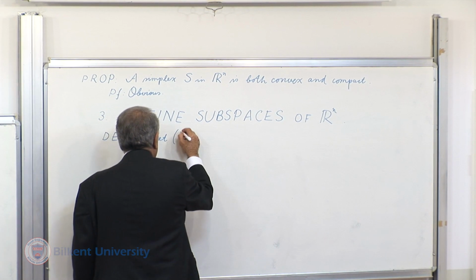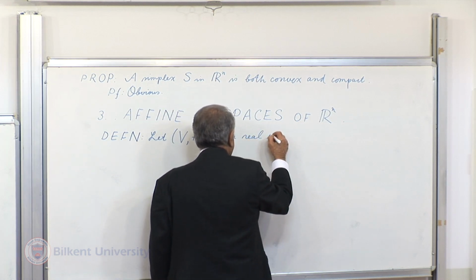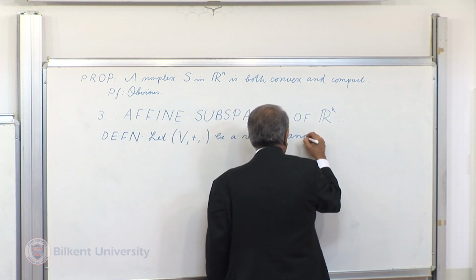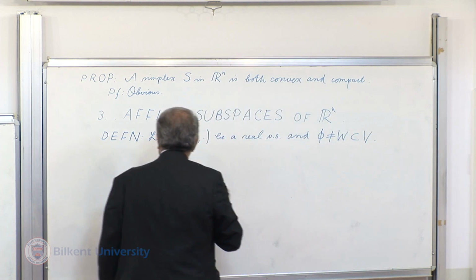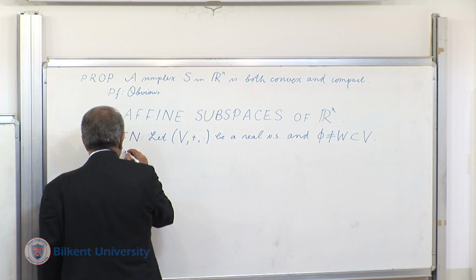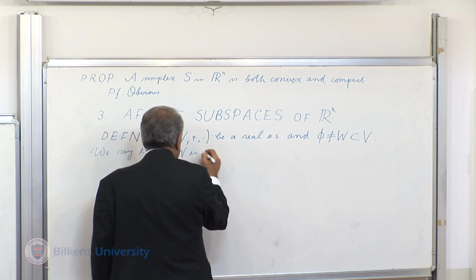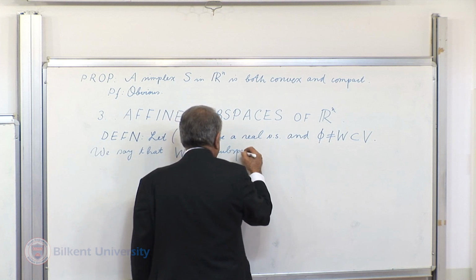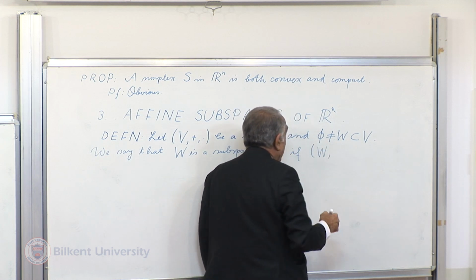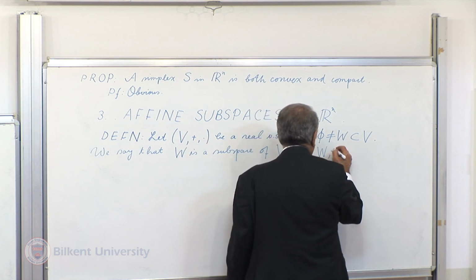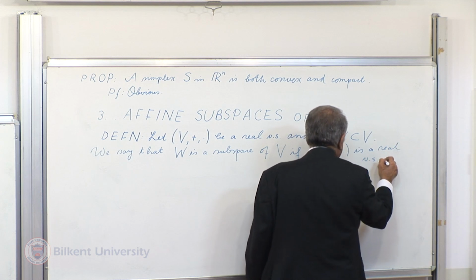Let V, plus, dot be a real vector space and W a non-empty subset of V. We say that W is a subspace of V if W, now under the restriction, is a real vector space itself.